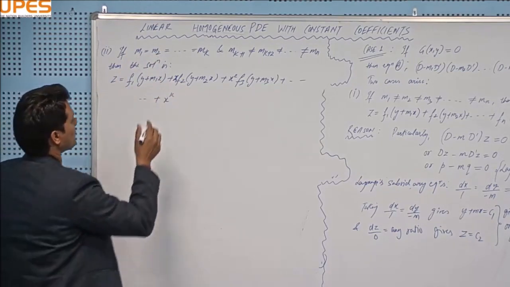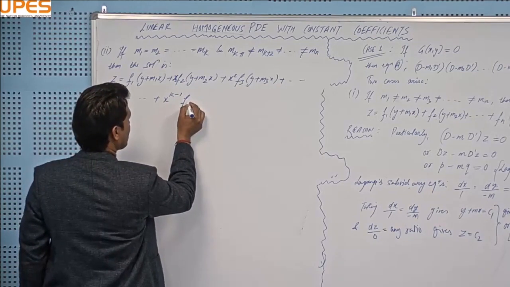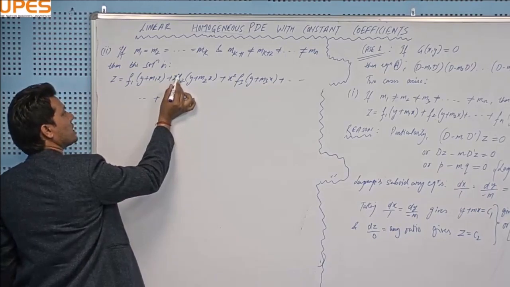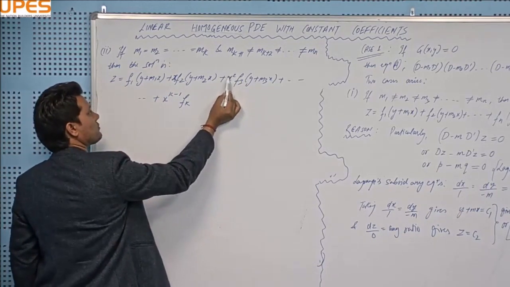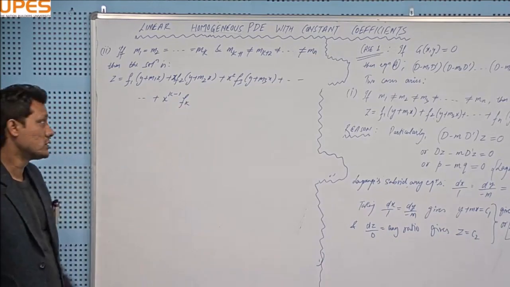Here we have f2 and the power is 2 minus 1, and here we have f3 and the power is 3 minus 1. So the exponent of x should be 1 less than the suffix. Notice that.